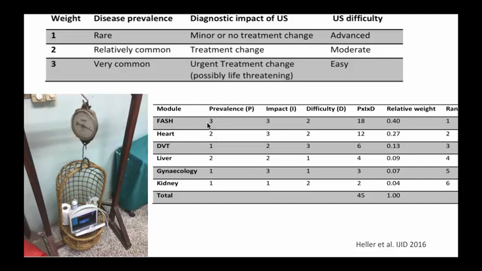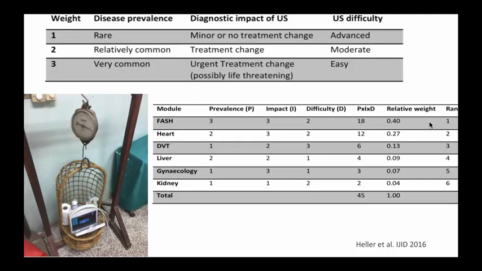So FASH, for example, has 3 points for prevalence because in our setting it is very common. It has 3 points for impact because the treatment change if you start TB treatment can be life-saving, and the difficulty is moderate. I think you can learn it fast, but it is not very easy, but it's also not very difficult.